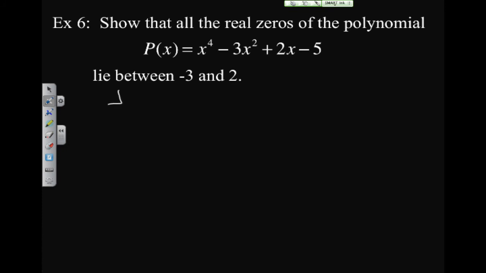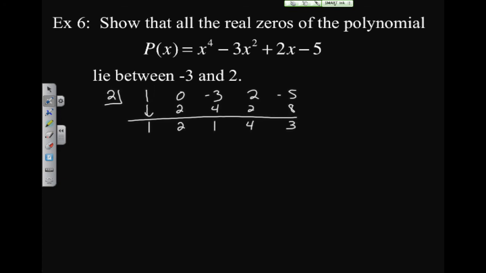So the first thing we're going to do with our synthetic division is try 2. And notice we've got a 1, 0 for x cubed, -3 for x squared, 2, and -5. So we do our synthetic division. We bring down the 1, and you get a 2, and then a 4, and then a 2 again, and then an 8, and a 3.